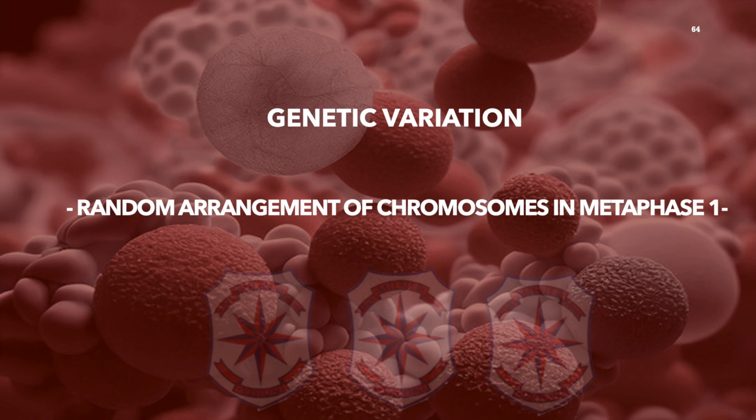That is not the only way to ensure genetic variation in terms of meiosis. The second way in which meiosis ensures genetic variation is random arrangement of chromosomes in metaphase 1. So let us describe how that further ensures genetic variation in the gametes that are produced by meiosis.